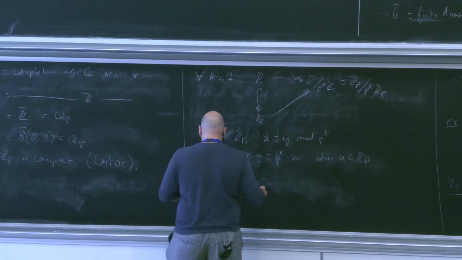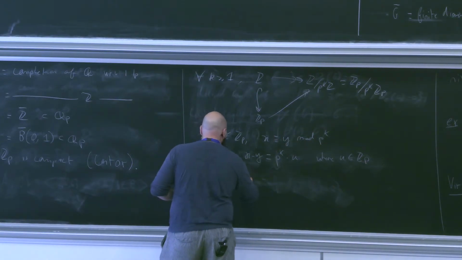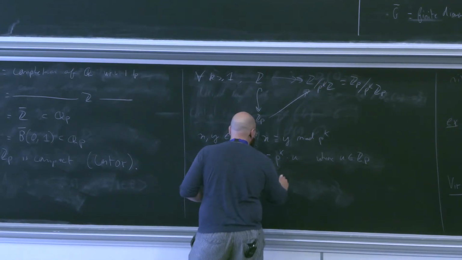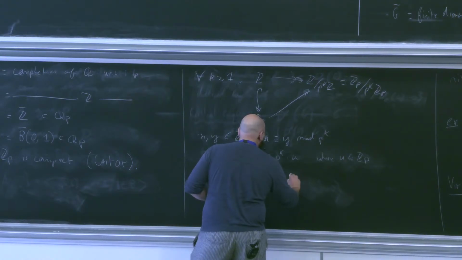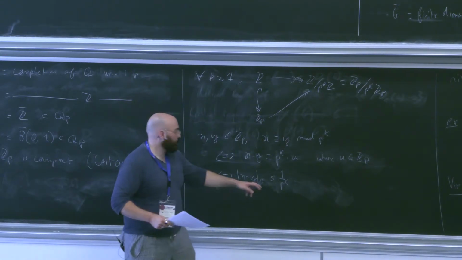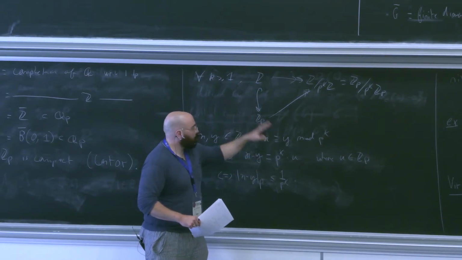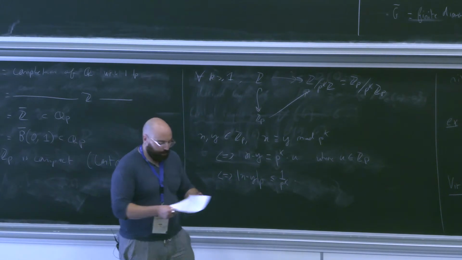And this is equivalent to saying that x minus y in absolute value is at most 1 over p to the k, which is the absolute value of p to the k. u might be of a lower absolute value or not.